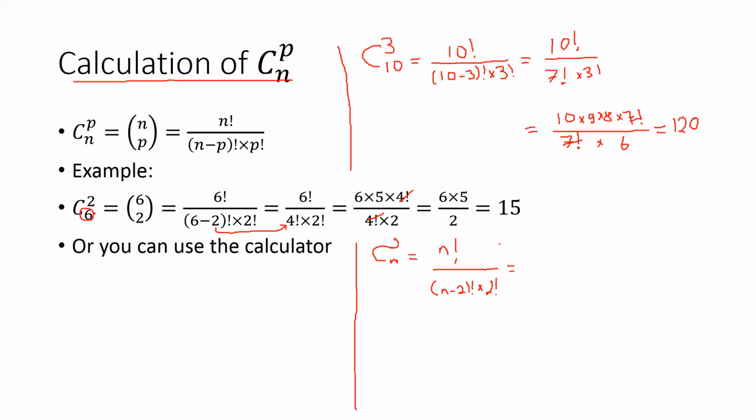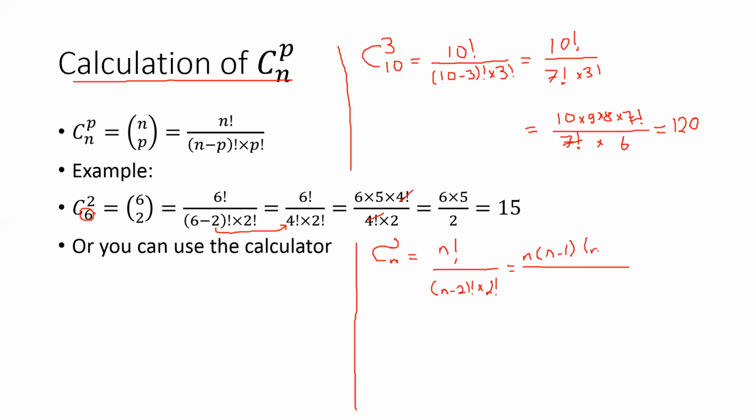Let's finish this example. N factorial over n minus 2 factorial times 2 factorial. N factorial is n times n minus 1 times n minus 2 factorial.